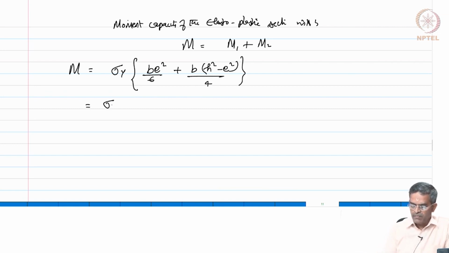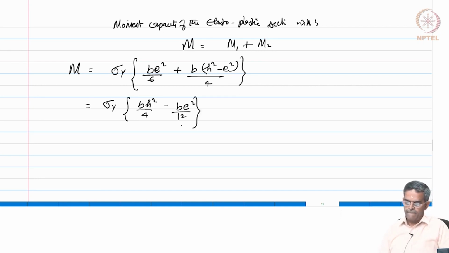Which on simplification will become sigma y B H square by 4 minus B E square by 12.